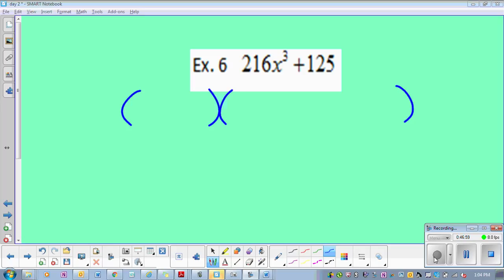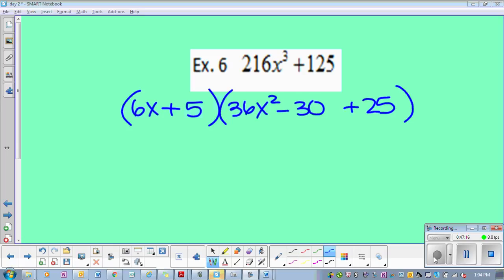All right. 6x plus 5, 36x squared minus 30 plus 25. You know what? I like it, but you left out one teeny tiny little thing. Who can, yes, Yule.